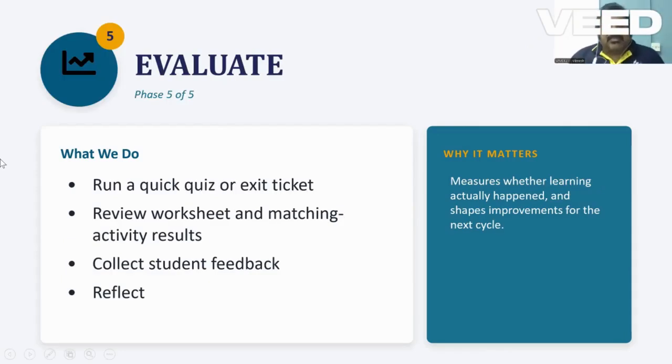Lastly, but not the least, the phase is evaluate, which measures whether learning actually happened and shapes improvement for the next cycle. So we run a quiz or an exit ticket on input and output devices. We review or mark their worksheet or matching activity results.